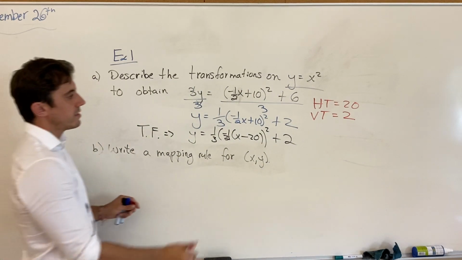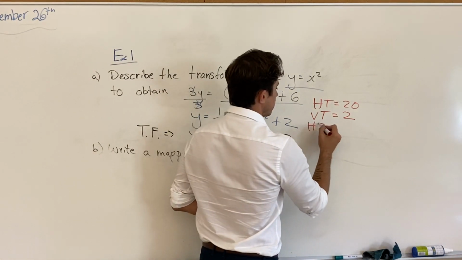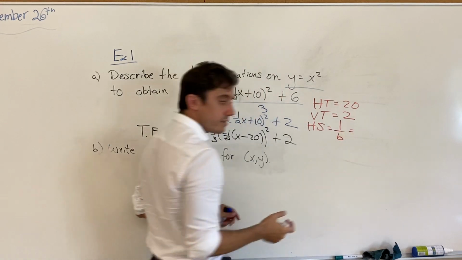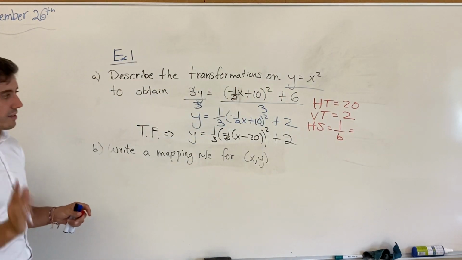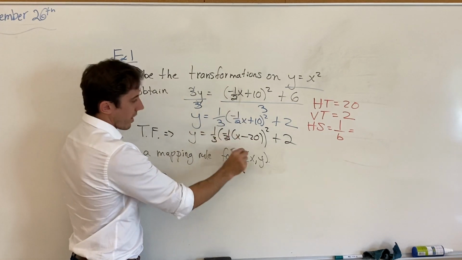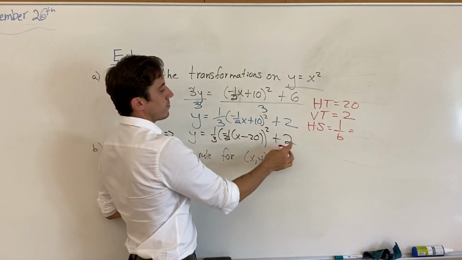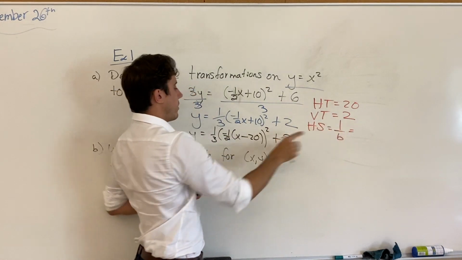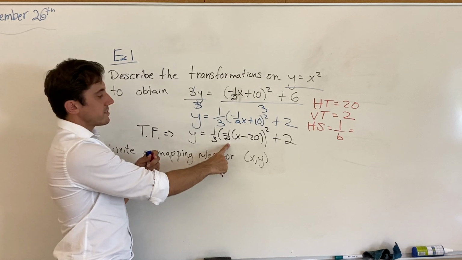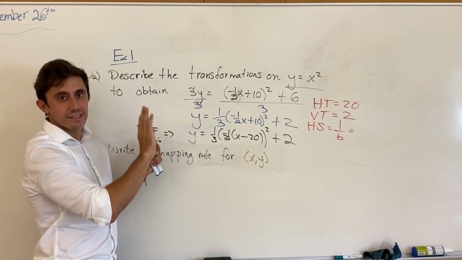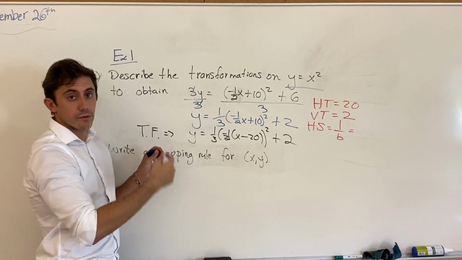Next up, we have a horizontal stretch, right, which we know to always be 1 over b. Okay, we can get into that a bit later, but when we have this in the form a bracket b bracket x minus c plus d, our horizontal stretch is always the reciprocal of this b value. And so since our b value is 1 half, we're going to leave the negative out and leave that to be described by a reflection.